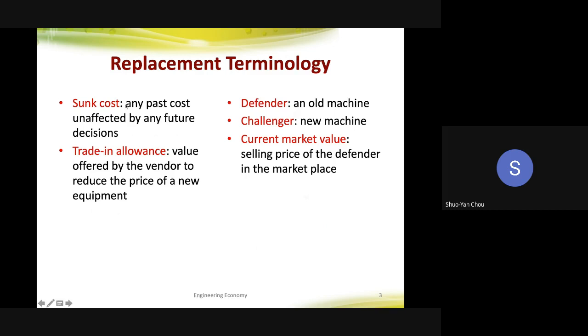One will be the sunk cost. We have discussed this, but here it's a notion that we also want to bring up. When we are making decisions, we think, we have invested so much money on this machine.